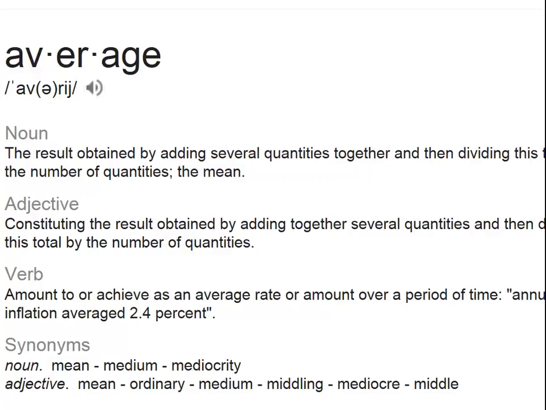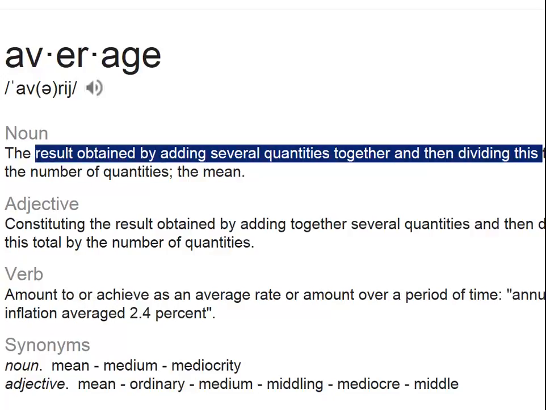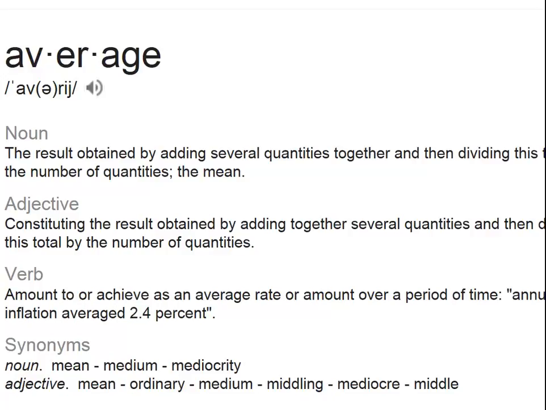In our case, these quantities are the grades that you give yourself. Adding several quantities together and then dividing this total. So adding means getting a total, which then has to be divided by the number of quantities.